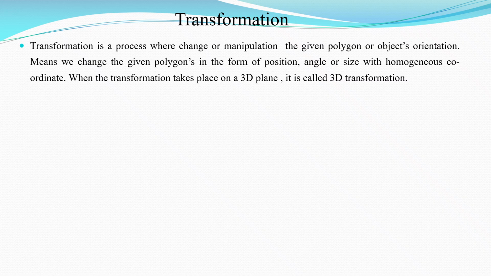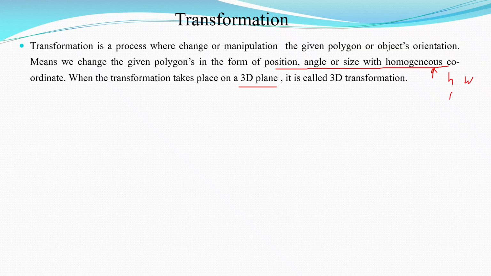With homogeneous coordinates, that is the main thing. In 2D, it works on a 2D plane. Here for 3D, we are working with homogeneous coordinates. What are homogeneous coordinates? It has an extra coordinate, represented by h or w.